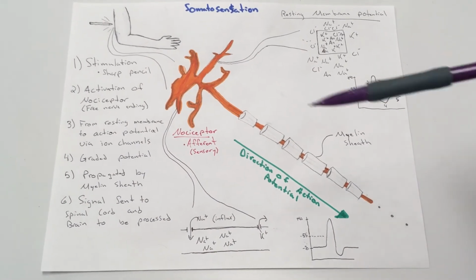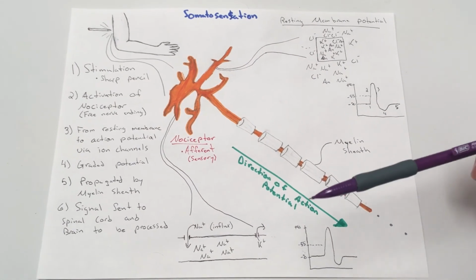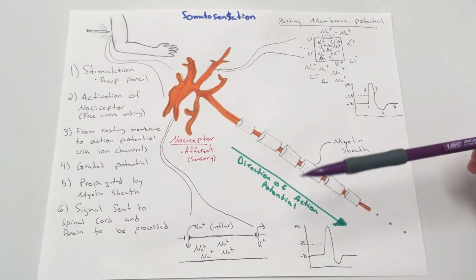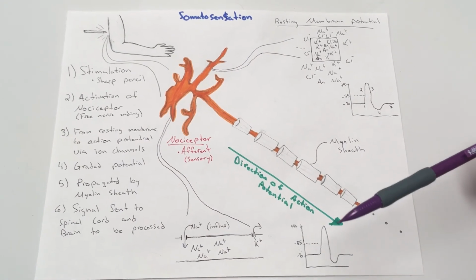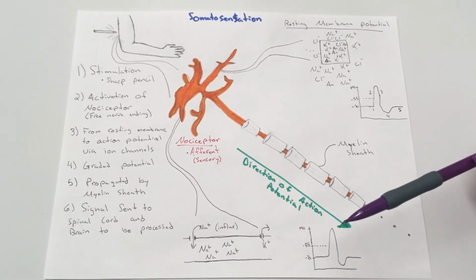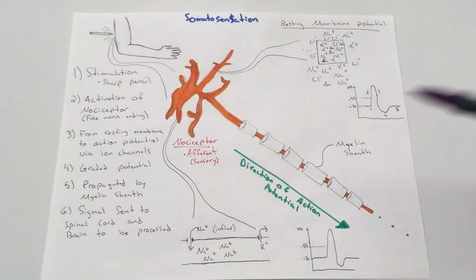And this is propagated, or made easier, by myelin sheath. If our axons or nerve cells were not coated in myelin sheath, this action potential would not be able to be sent down the axon into other neurons.